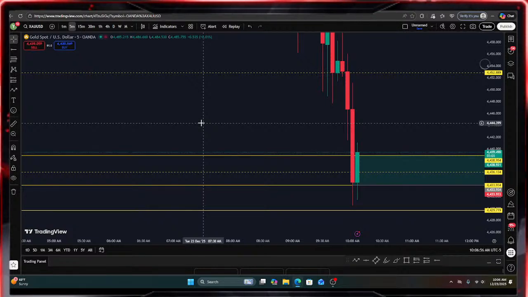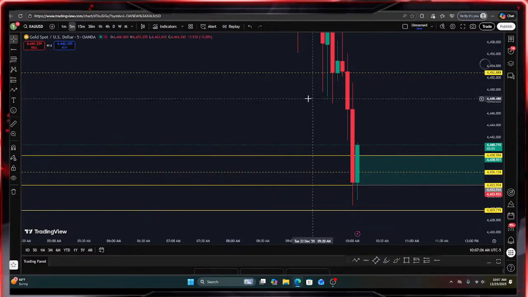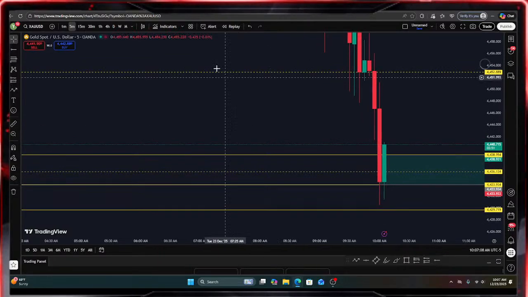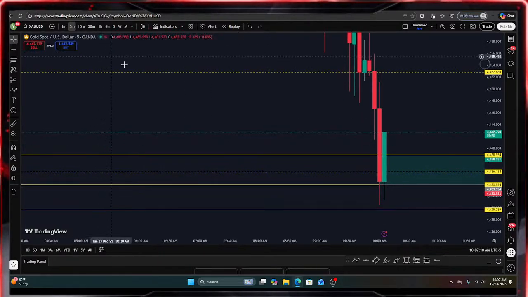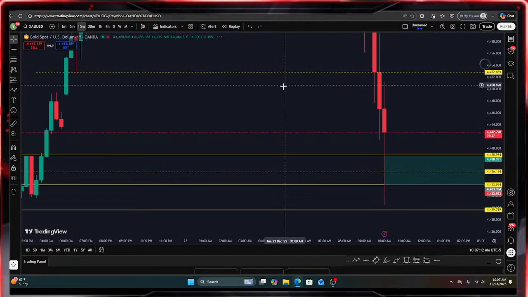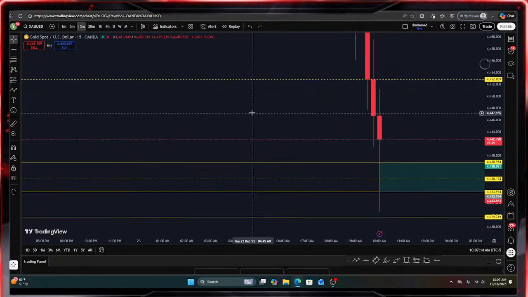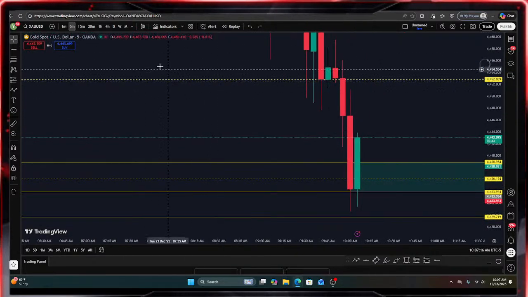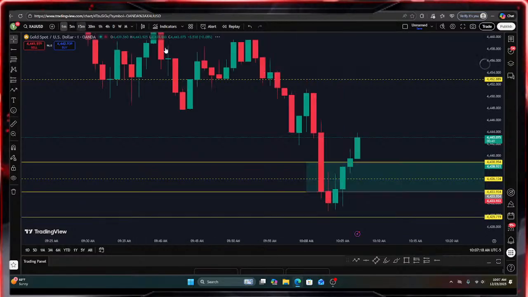I can't close out on this one. Still haven't closed as yet, chat, because my phone is dead. But let me see. Probably have to wait like a minute. That's the only reason I'm still in this trade right now.